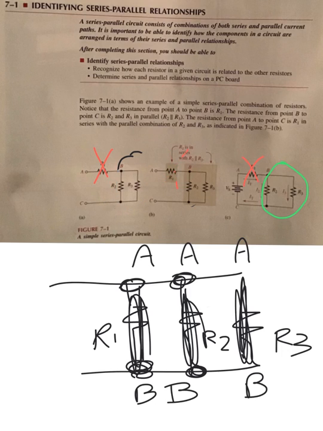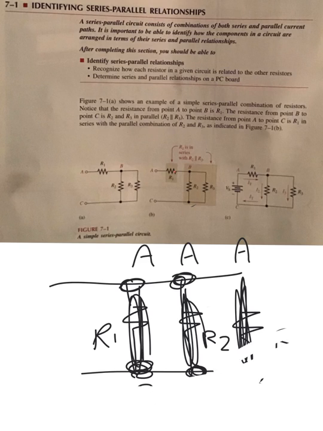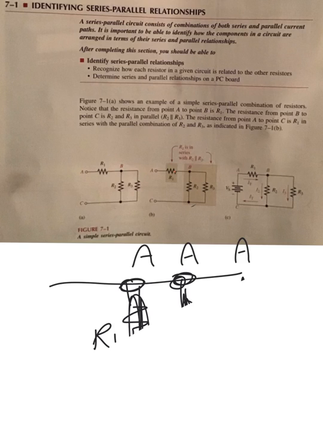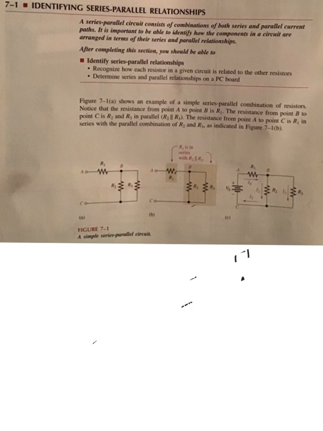So, now that you've seen what piggyback and back to back to back looks like, you have to be able to play like a detective and be able to find these situations throughout the circuits that you examine and work in this class.